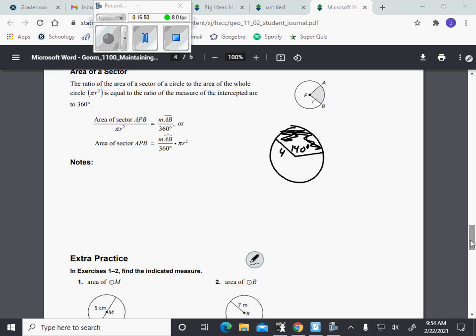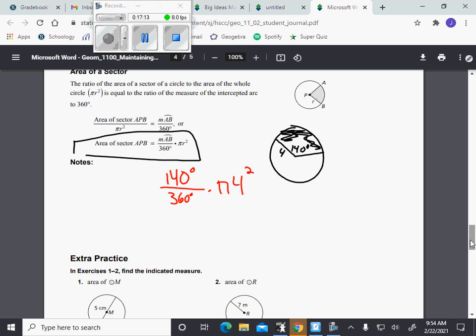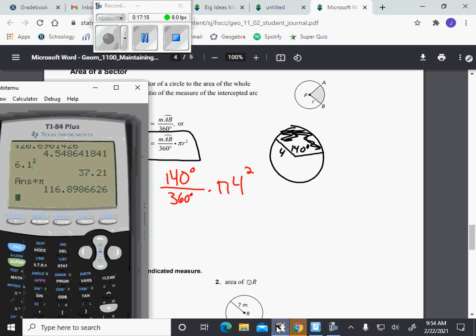I'm going to use this formula: the measure, 140 degrees divided by 360 degrees, multiplied by pi times r squared, which is 16. That'll get us our final answer.